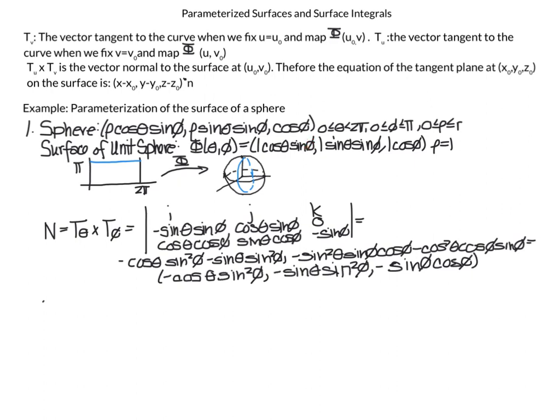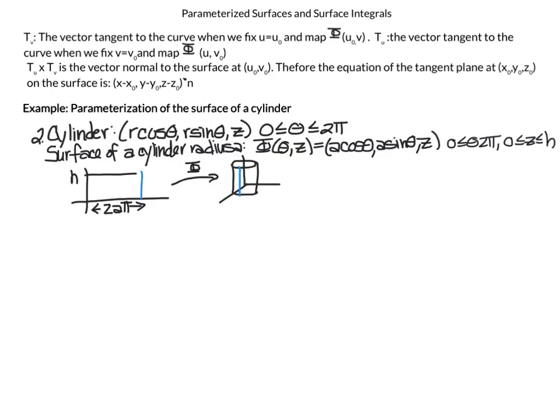I have to remember phi versus theta. So now my cosine theta is considered a constant. So I have cosine theta cosine phi, sine theta cosine phi, and then this will be minus sine phi. I do my cross product, and I end up with minus cosine theta sine squared phi, minus sine theta sine squared phi, minus sine phi cosine phi.